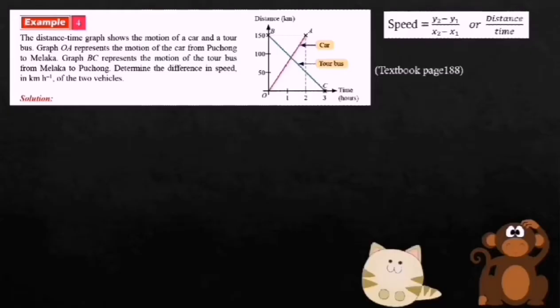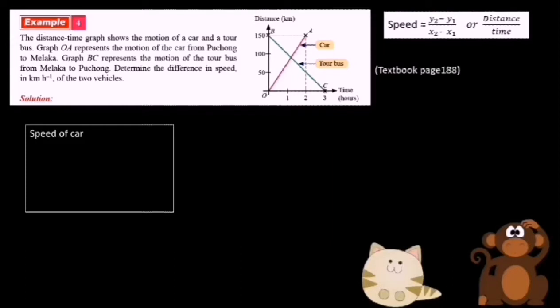Okay. Example 4. The distance time graph shows the motion of a car and a tour bus. Graph OA represents the motion of the car from Puchong to Malacca. Graph BC represents the motion of the tour bus from Malacca to Puchong. Determine the difference in speed in km per hour of the two vehicles.